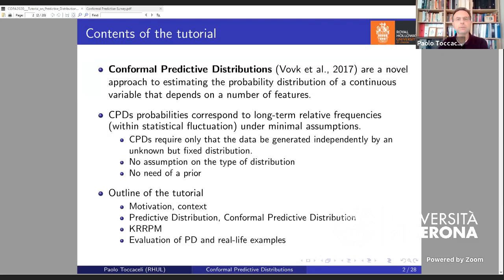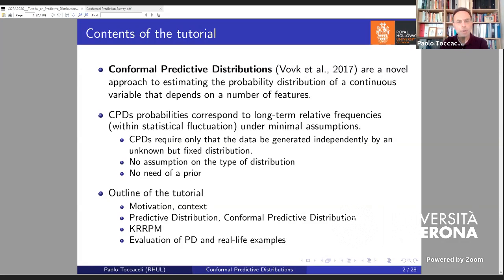So let's start with what conformal predictive distributions are. They are a novel approach to estimating the probability distribution of a continuous variable that depends on a number of features. So you could view it as a form of regression plus probability. As Valeri just mentioned, they are a new development. Professor Vovk and others published in 2017, as far as I know, the first paper on conformal predictive distributions.